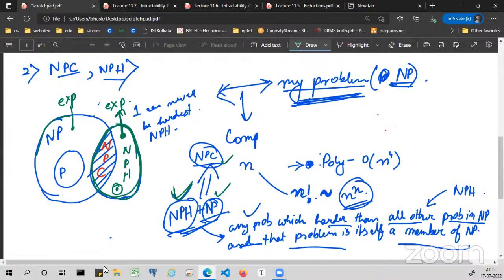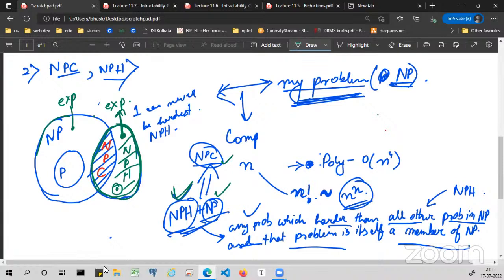So when I say NP hard problems, that means they are taking exponential time, but this part, only the non-intersecting part, means these are questions whose solution takes exponential time, just like NP problems, but I cannot verify them in polynomial time.